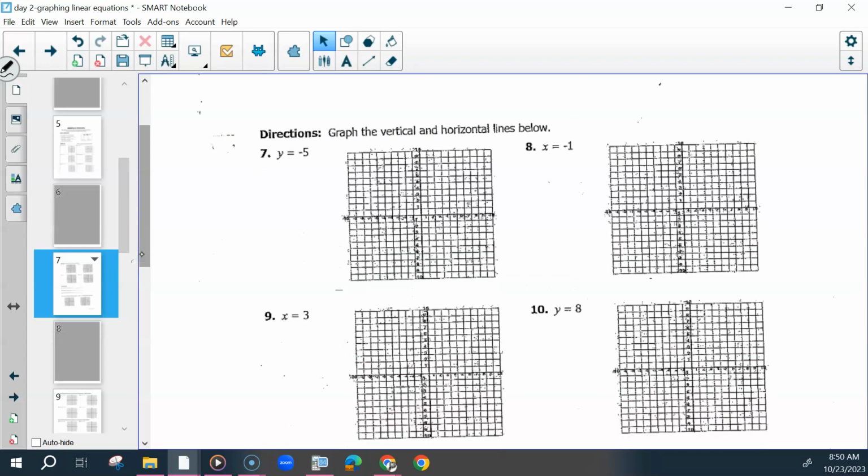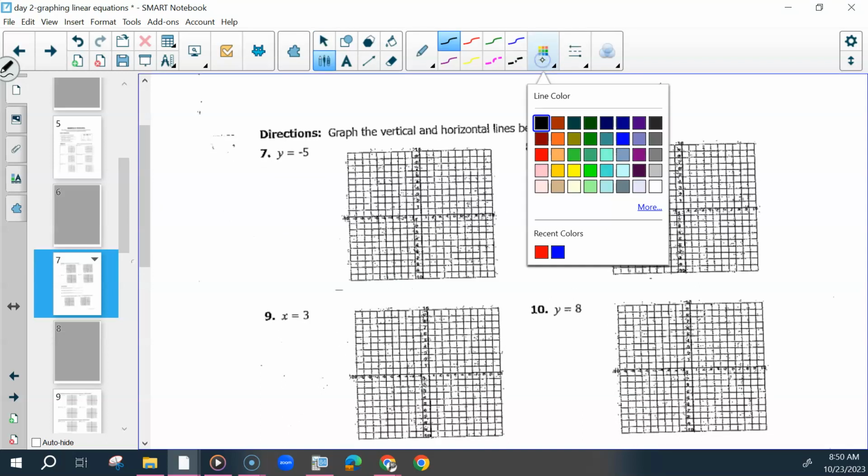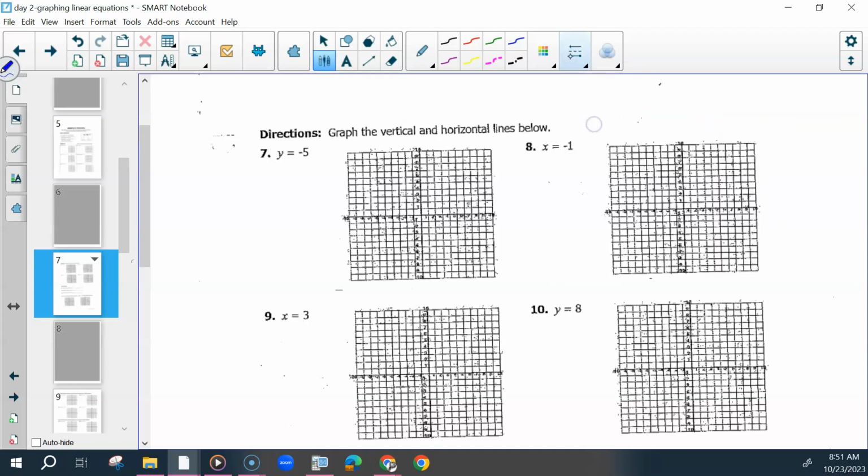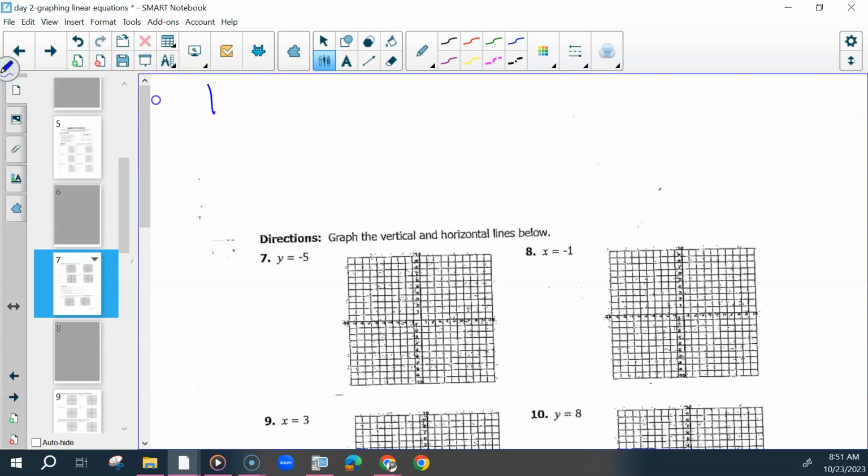Again, if you would like to grab rulers, you're more than welcome to do so. At the top of the page, I'm going to rewrite our close-ups and rewrite the definition.